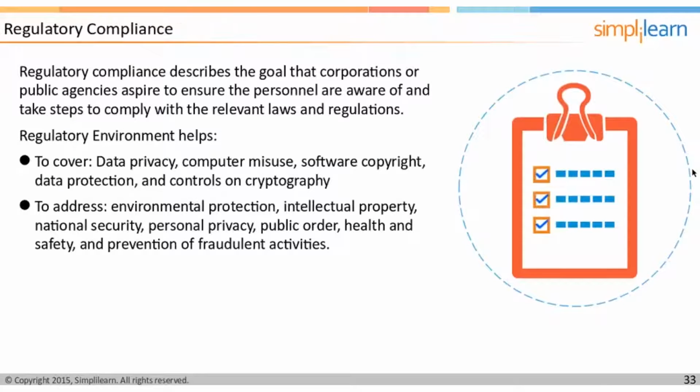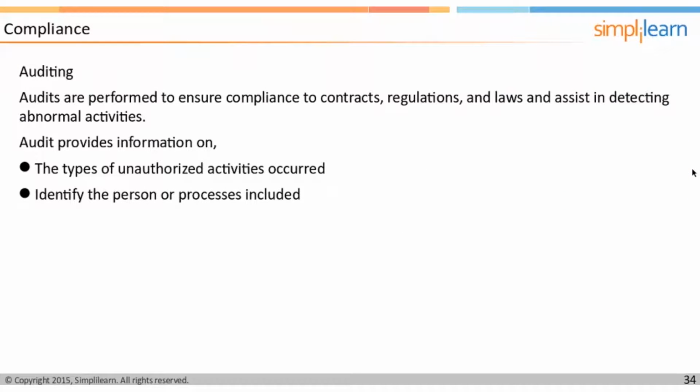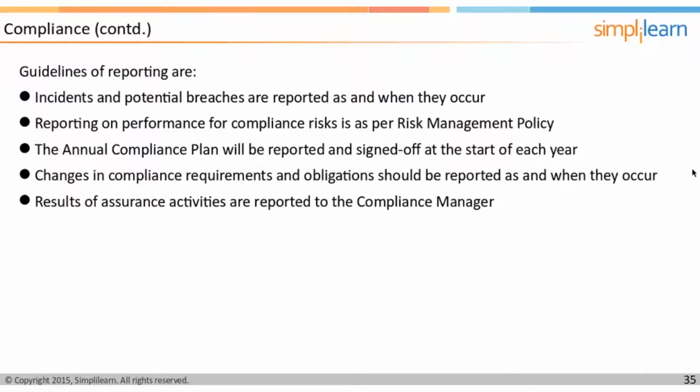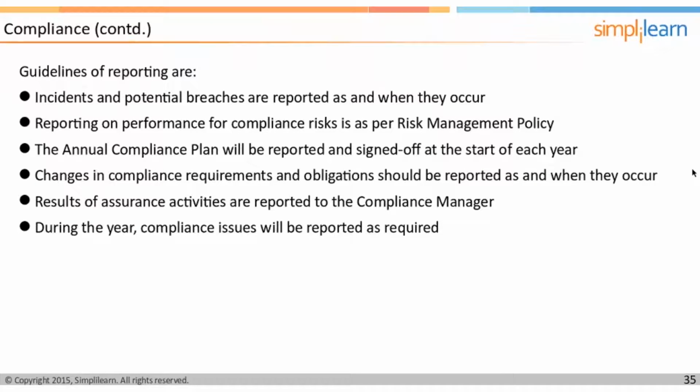We talked earlier about one of the ways to be compliant, which is to ensure that you do regular audits. The auditing will detect if there are any issues, any gaps, and any abnormal activities, and accordingly figure out where the issues are. So here are some of the guidelines. You can read through this.